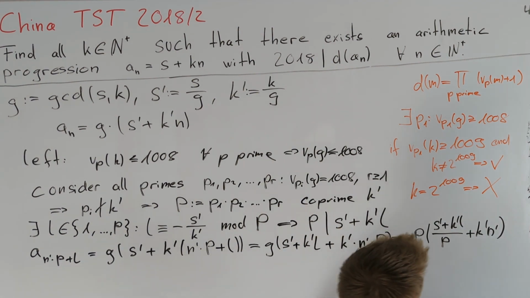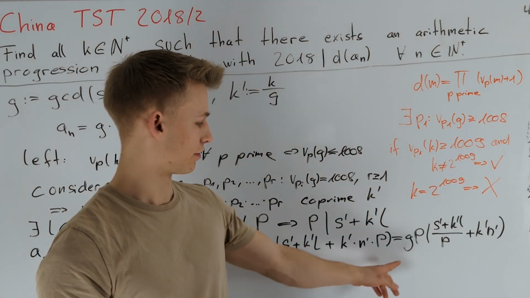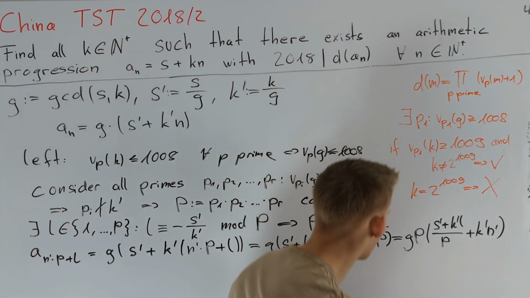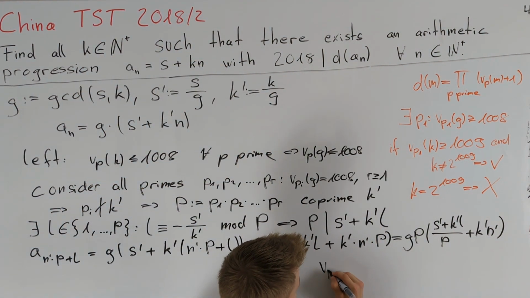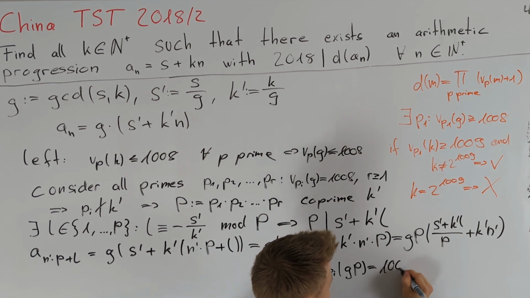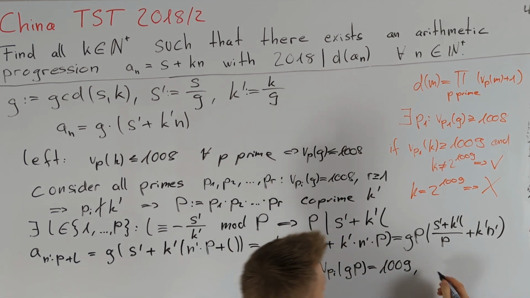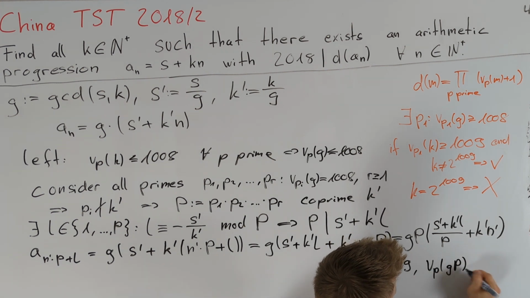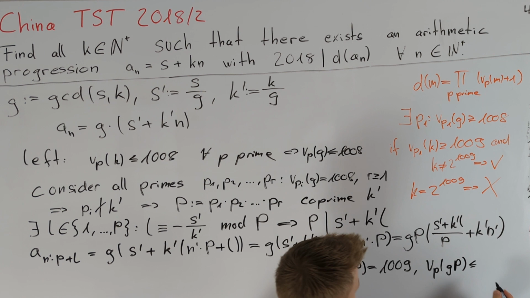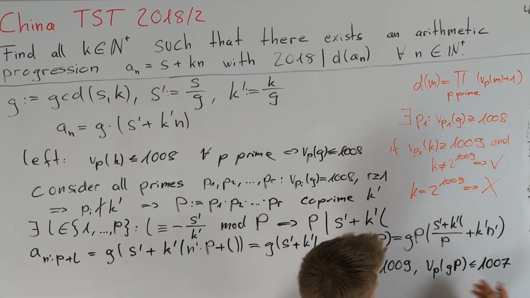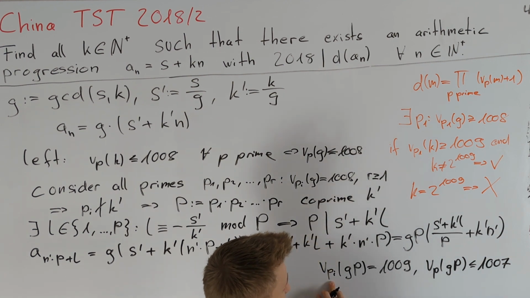At this point, we know that the number of divisors of g times capital P is not divisible by 1009 because we know that ν_pi(g times capital P) is exactly equal to 1009, and moreover we have that ν_p(g times capital P) is less than or equal to 1007 for every prime number p which is not equal to a prime number pi.